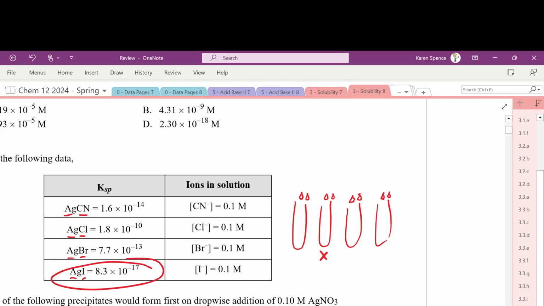AgI is the least soluble of those salts. So what that means is that this is going to be your AgI. You'll need the fewest drops to cause a precipitate to form because there is the least room at this hotel. The smaller the KSP, the smaller the hotel. So fewer ions can check in.